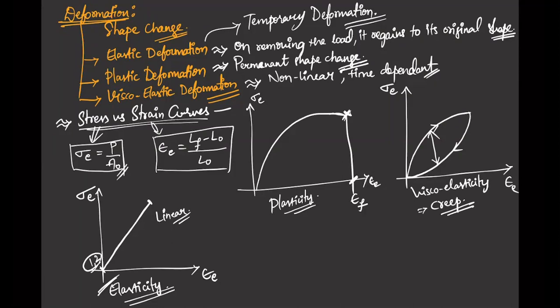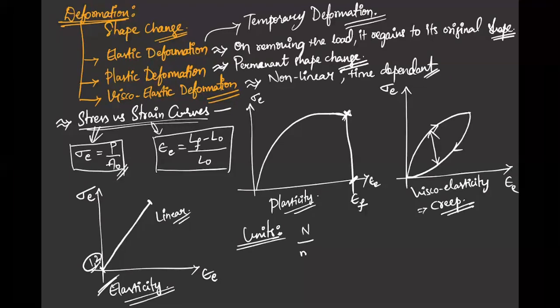So these are the different deformations. Now, as we set up the stress-strain curves, one must know the units of stress and strain. What are the units? P is my load, the force applied, so that will be Newton divided by the area of cross section in meter square.